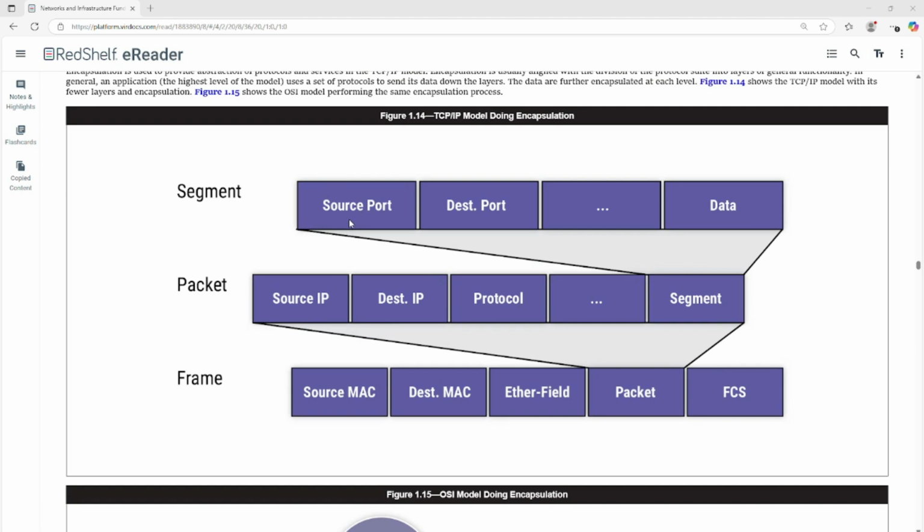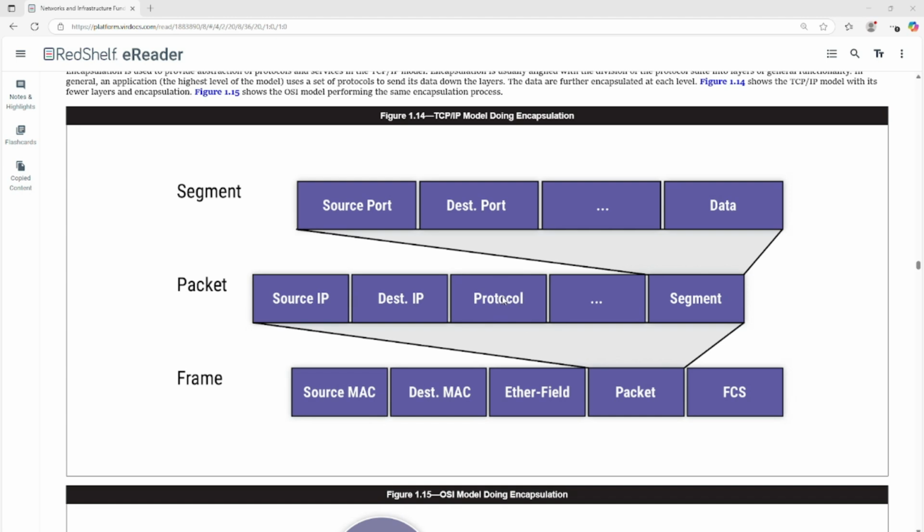We've seen that with the OSI model. So this one is the TCP/IP model. It's got a source port, a destination port, and that's the data. It fits into the segment, and in that segment it adds a source IP address and a destination IP address, and the protocol being used for that data transport.